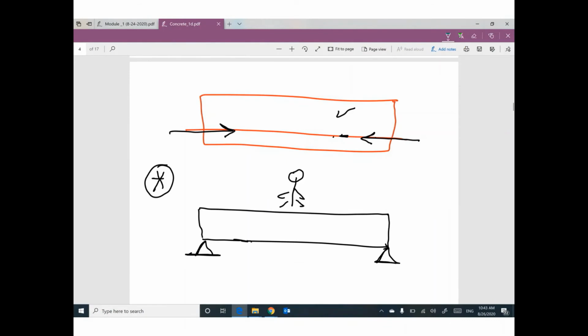I think concrete will start to crack at this location. So we have tension here. If you have concrete without pre-stress, and you are here, I'm talking about you as an example, I expect this beam will break starting from this location by tension.